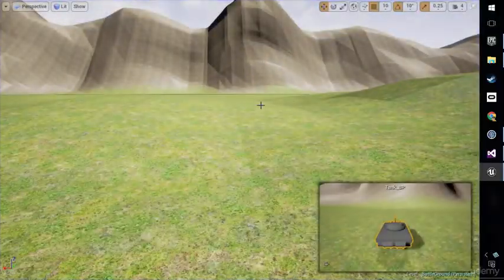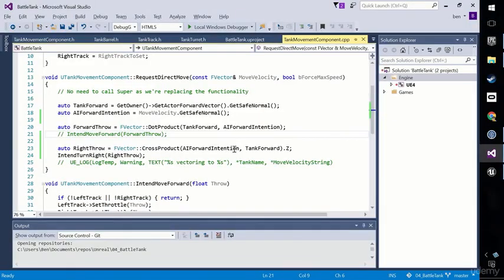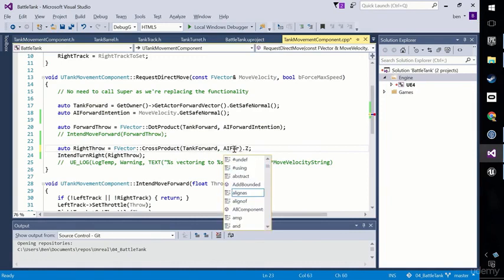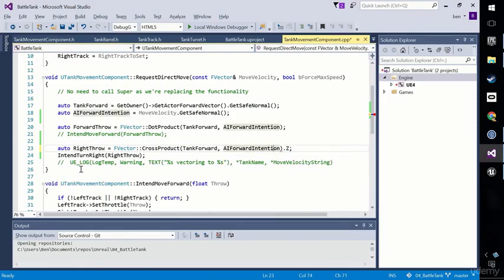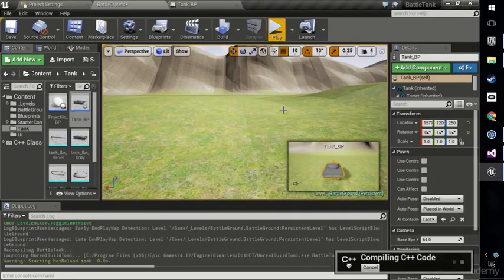No, I think that's worse. Okay, so what I'm going to do is swap them back to how they were. And then I'm going to turn in the forward movement as well. And then let's compile that and see how the total behavior is.